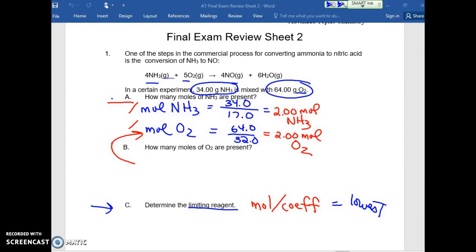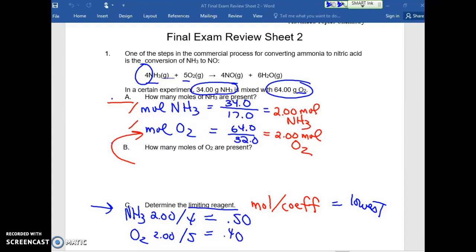So we found that in both cases I have 2 moles of NH3, and I have 2 moles of O2. Notice the coefficient in front of NH3 is 4, so we get an answer of 0.5. And here, 5, 0.4. Yeah? Am I right about that? 2 divided by 5 is 0.4? Yeah. That makes sense, right?